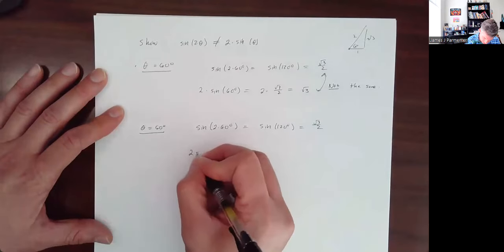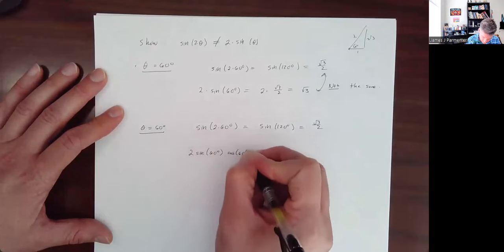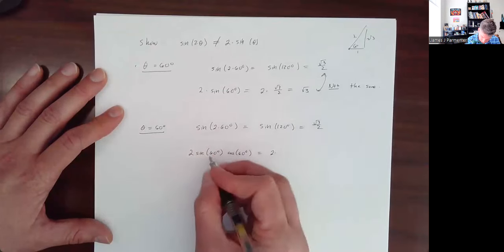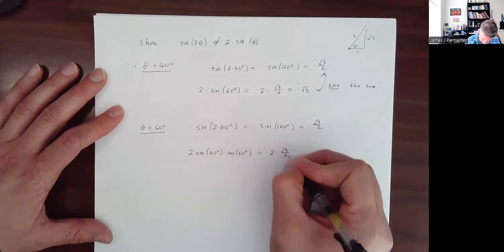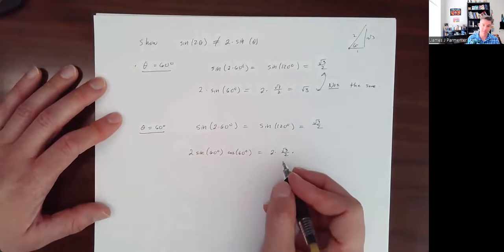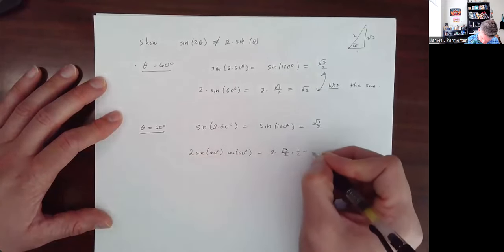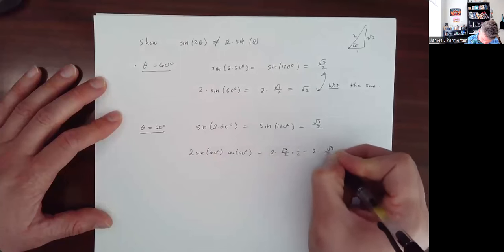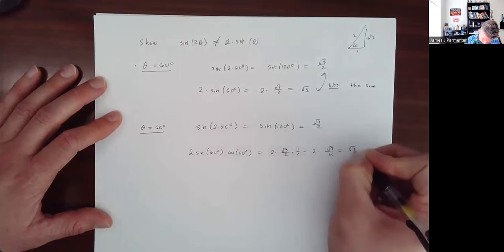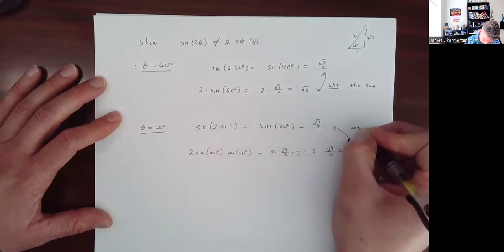And 2 times sine of 60 degrees times cosine of 60 degrees is equal to 2 times, well, sine of 60 is root 3 over 2, as we just saw. And cosine of 60, it better be 1/2. And then you get 2 times root 3 over 4, which is just root 3 over 2. And those are the same as they should be.